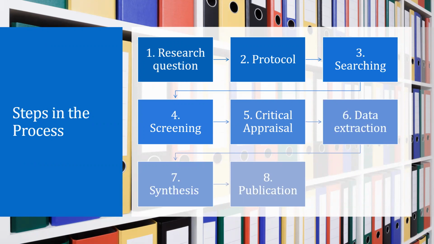And so what you would do, of course, is have that question, develop a protocol. The librarian, Kim or I, or any of the other librarians, according to the disciplines that we have, are there to help you with your searching.